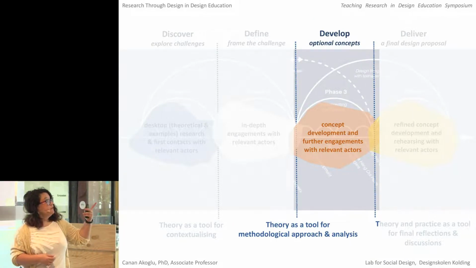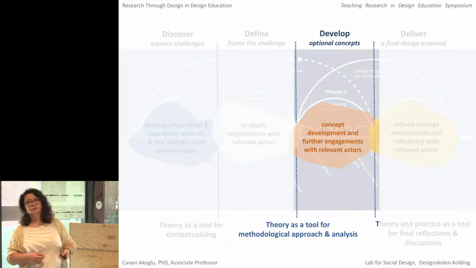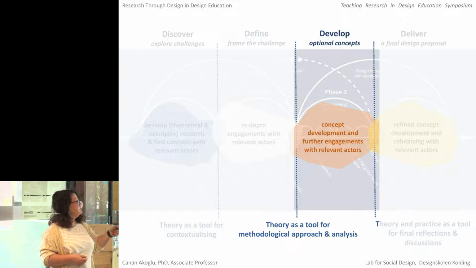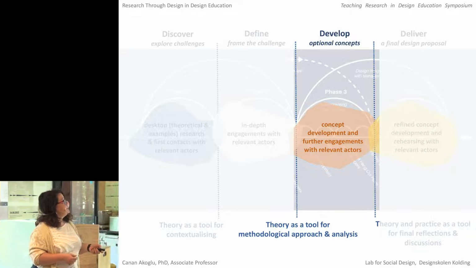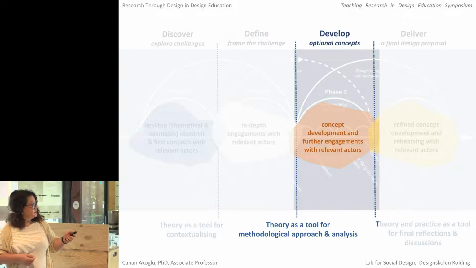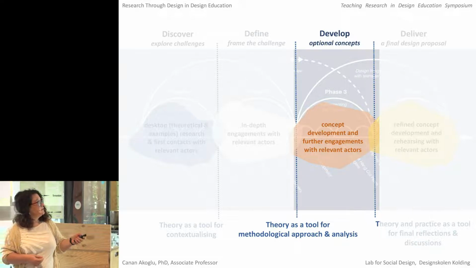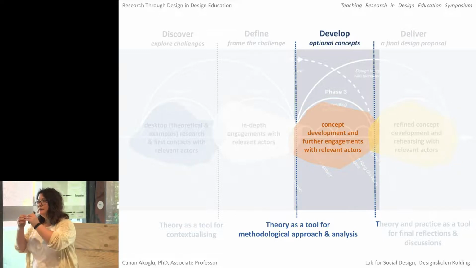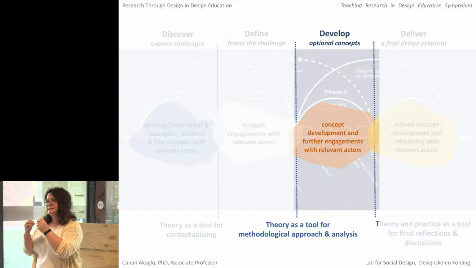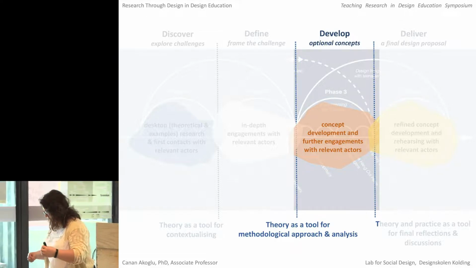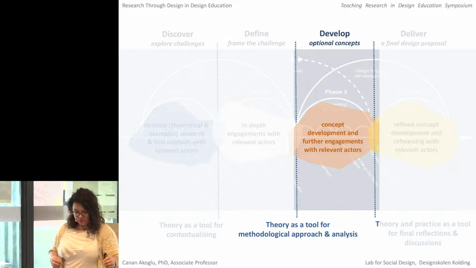So to give you an example from this phase, which you haven't seen in the previous project, here she started to create some initial concepts. What can I design based on what I have done so far? What are my findings, and how do I relate them to the first part of the project?